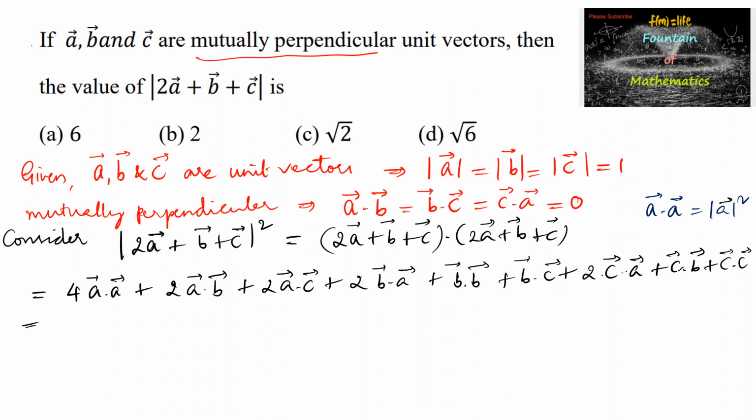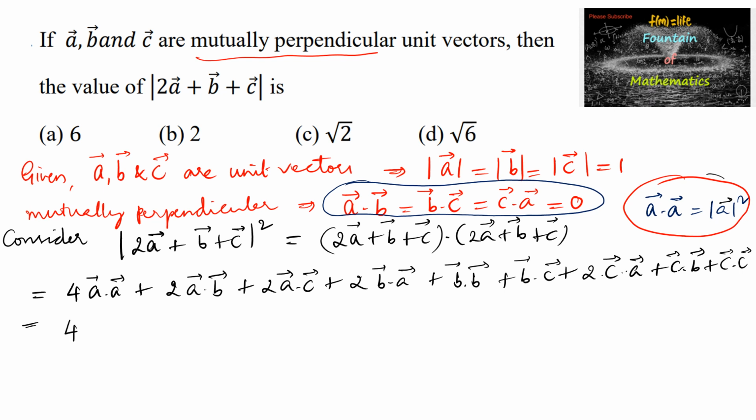And again using the property A dot A is equal to mod A square, and it is given that they are mutually perpendicular, so A dot B, B dot C, C dot A is 0. So by using these two, we can write here 4 times mod A square, and this is 0, and A dot C is 0, because A dot C and C dot A both are equal, dot product is commutative.